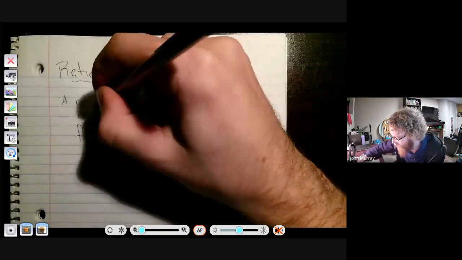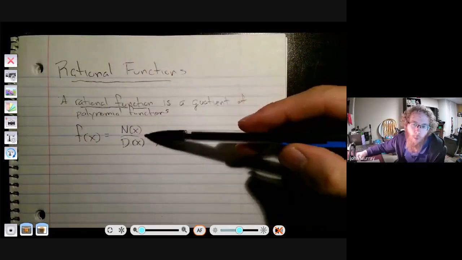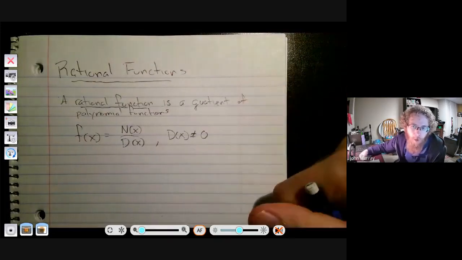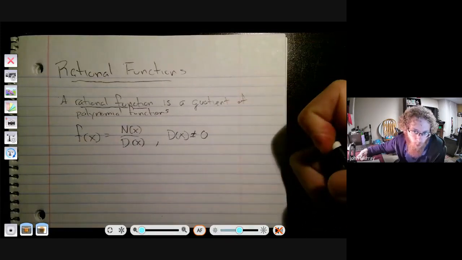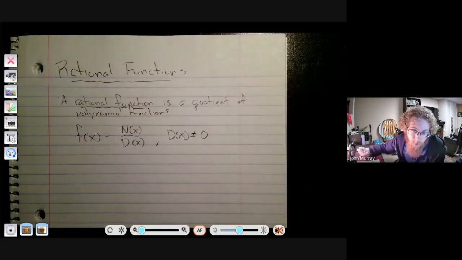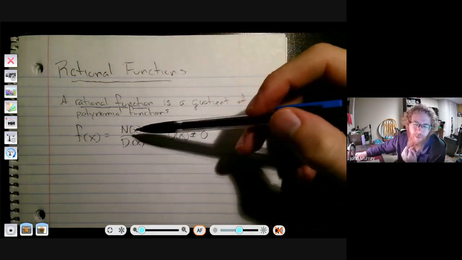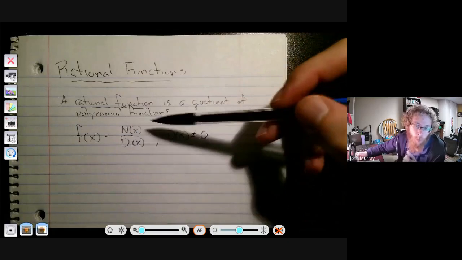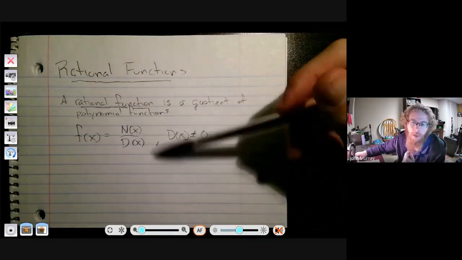All right, so what are rational functions? Rational functions are functions that are divisions of polynomials, or a more formal term is a quotient of polynomial functions. So we have n of x, which is our numerator function, over d of x, which is our denominator function.